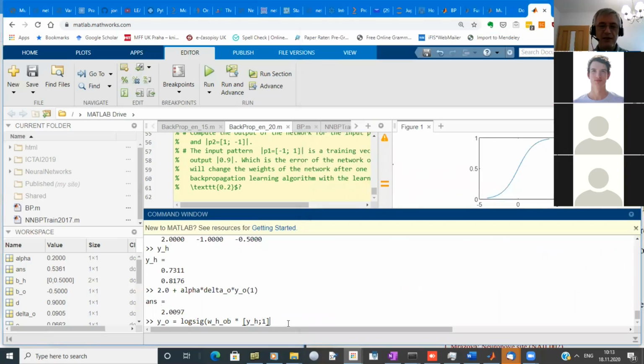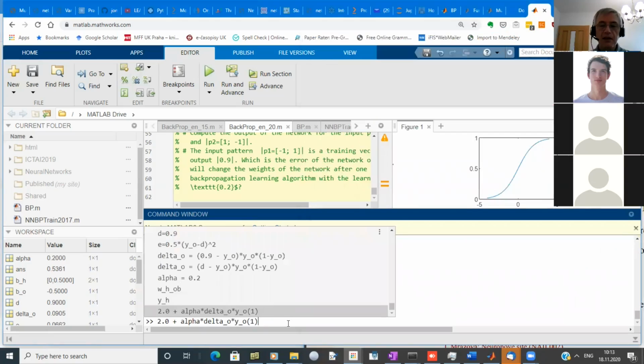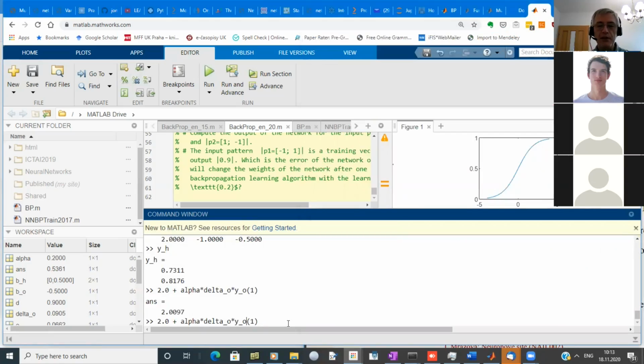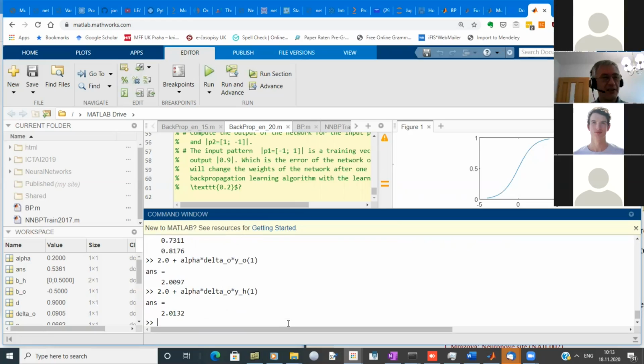You are right completely. This should be the value which goes through the weight, and this should be y sub h. Thank you for pointing out my error. This is the correct weight.